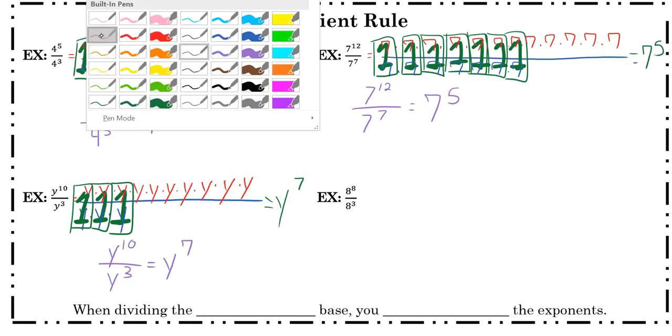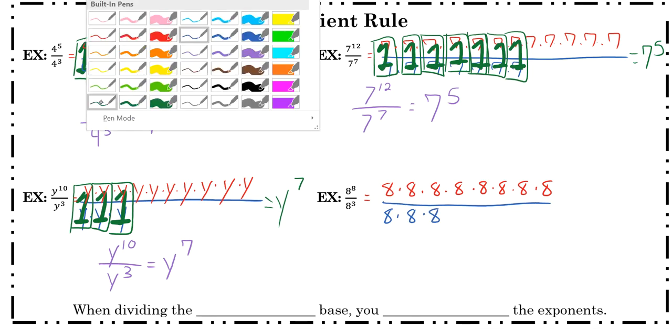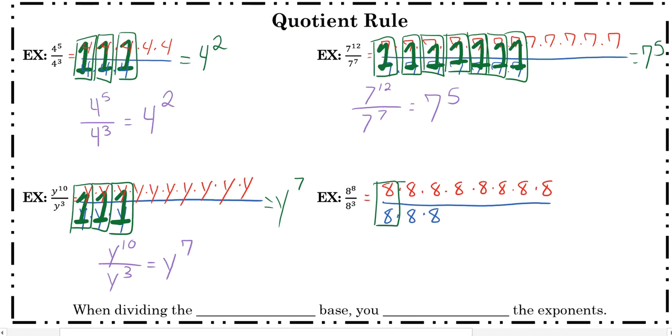And last but not least, we have 8 to the 8th power divided by 8 to the 3rd. So if I expand my exponents, 8 to the 8th power would be 8 times itself 8 times, divided by 8 times itself 3 times, and that leaves 3 sets of values that reduce to 1, which would leave me with 8 to the 5th power, 8 times itself 5 times.